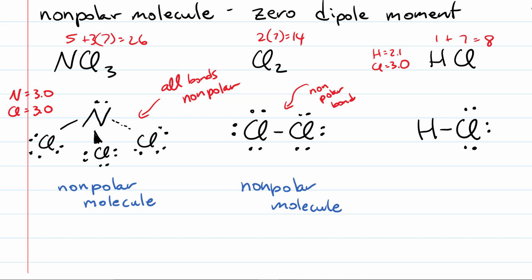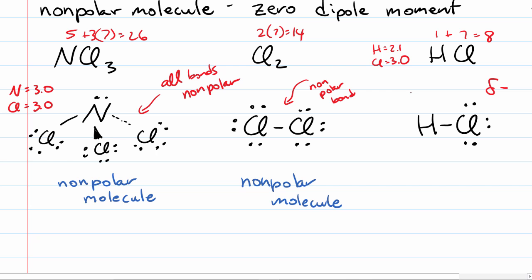The chlorine. So remember that this property is called electronegativity. And if it has a greater attraction for negatively charged electrons, that means this chlorine is going to be partially negative, relatively speaking, and this hydrogen is going to be partially positive.